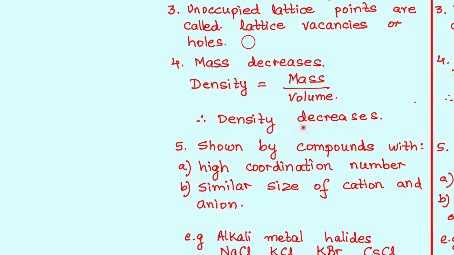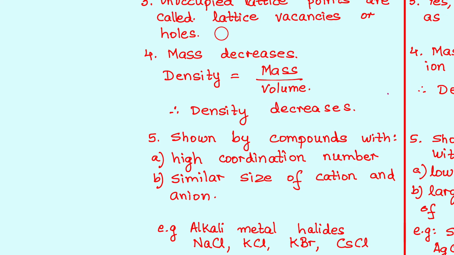What kind of compounds show this defect? This is usually shown by compounds wherein the coordination number is high. That means they are surrounded by a large number of oppositely charged ions.